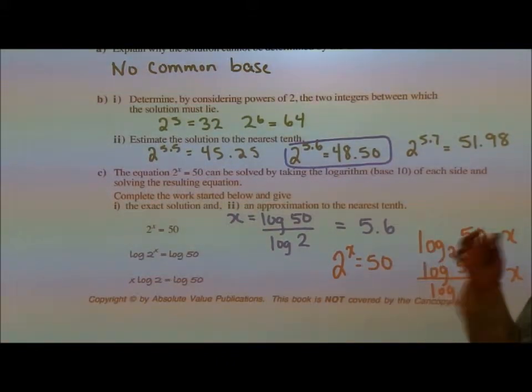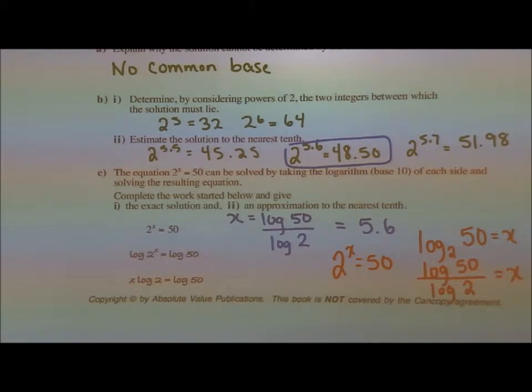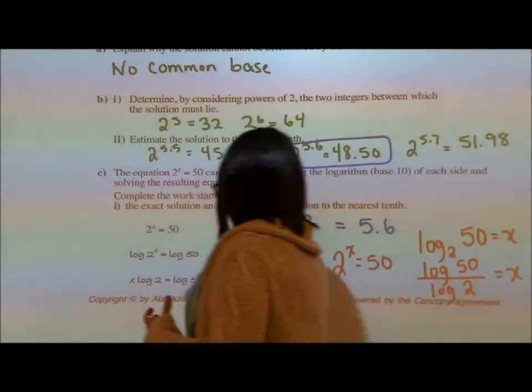And I still get the same thing that I got before. Okay. Taking the log of each side tends to create a system that works no matter what the equation looks like. Whereas trying to write it from exponential to logarithmic is not always feasible depending on the type of expression I'm given. Okay?